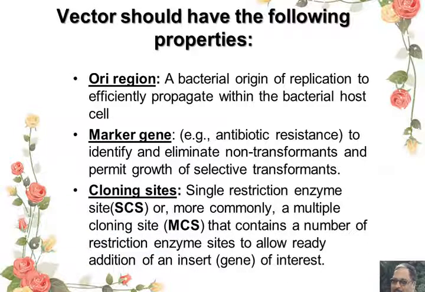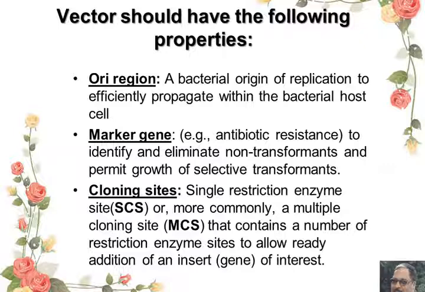The third property a vector should have is cloning sites. Now, these are the specific sites where the DNA is cut and the gene of interest is inserted into these regions.